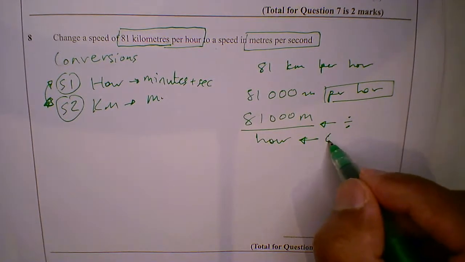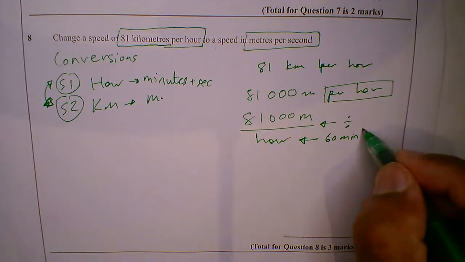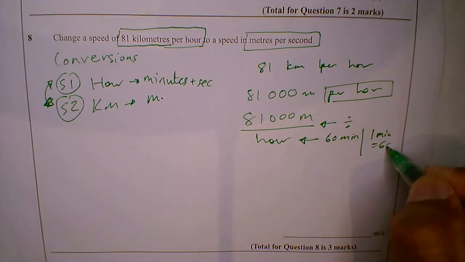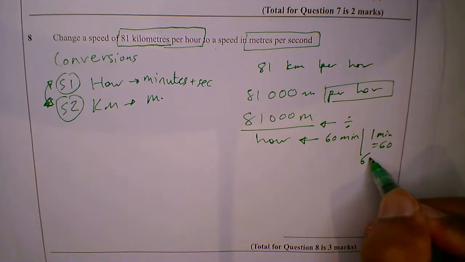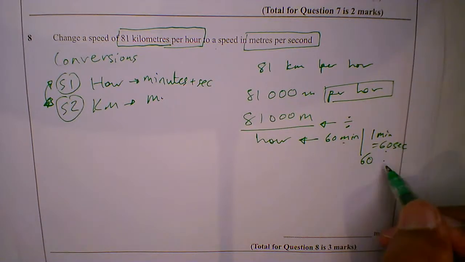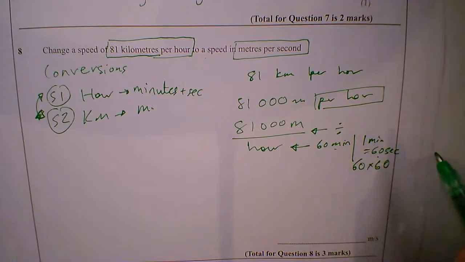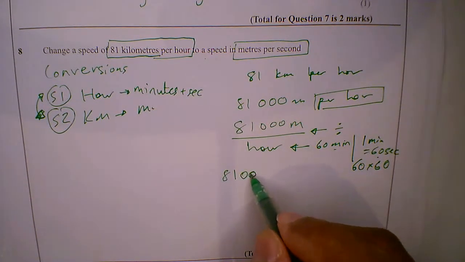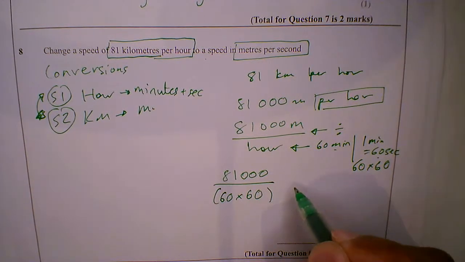So that's 60 minutes, and then 1 minute equals 60 seconds. So we need to multiply these two together. So 60 times 60. So we've got 81,000 divided by 60 times 60.